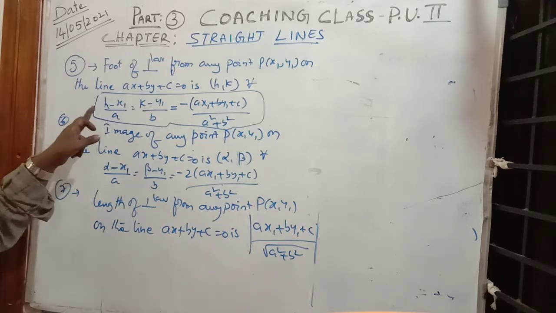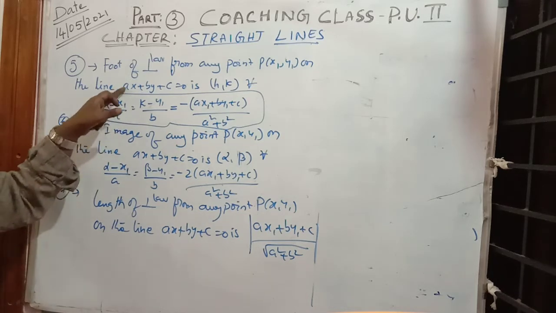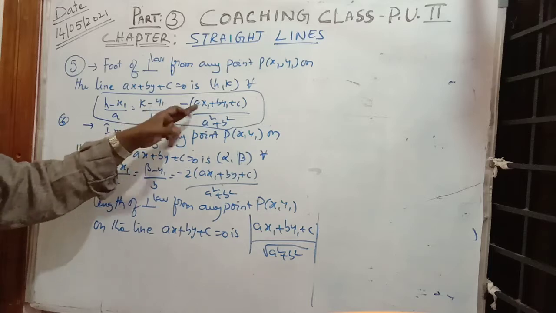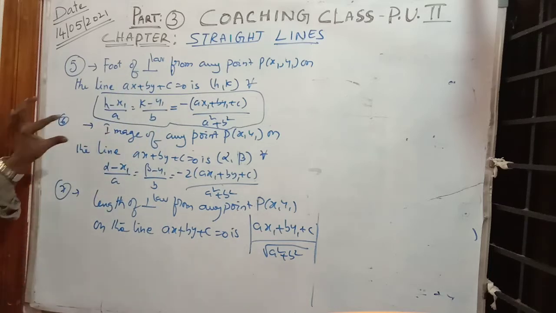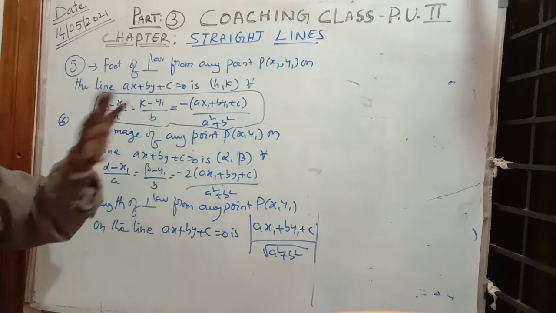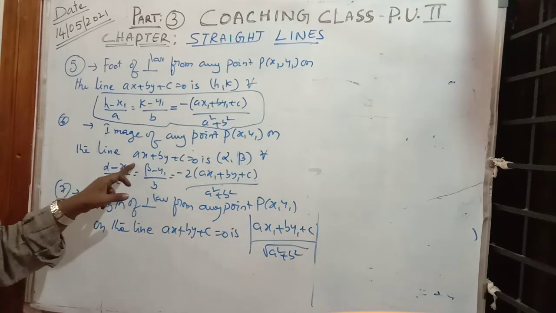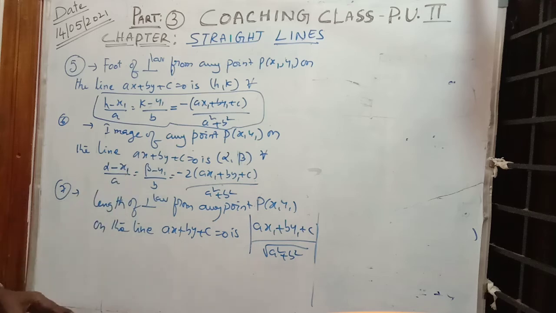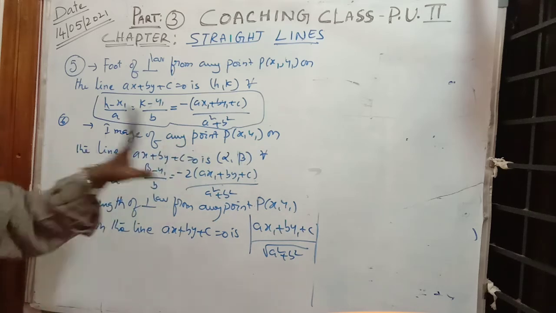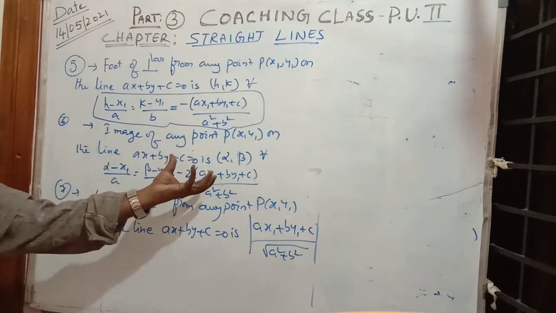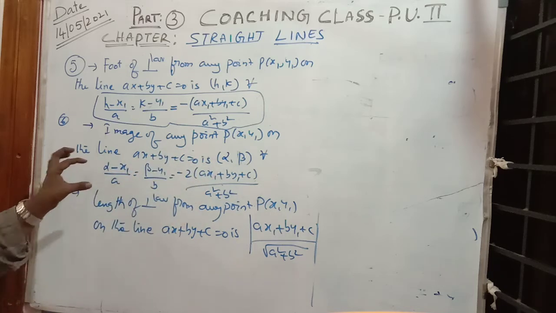The formula is h minus x1 by a, equal to k minus y1 by b, equal to minus of that one. Again we will come to the image of any point P, x1 comma y1, on any line ax plus by plus c is equal to 0, which is alpha comma beta. That alpha comma beta can be derived from this equation.